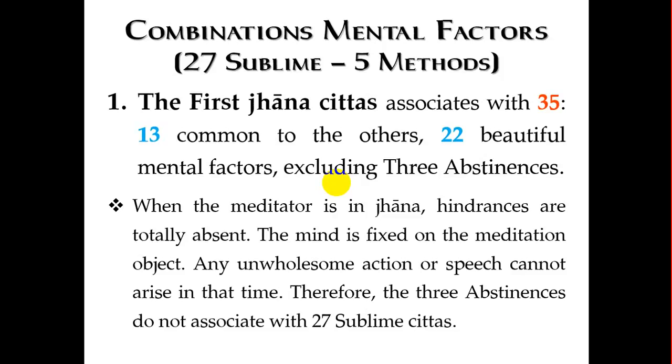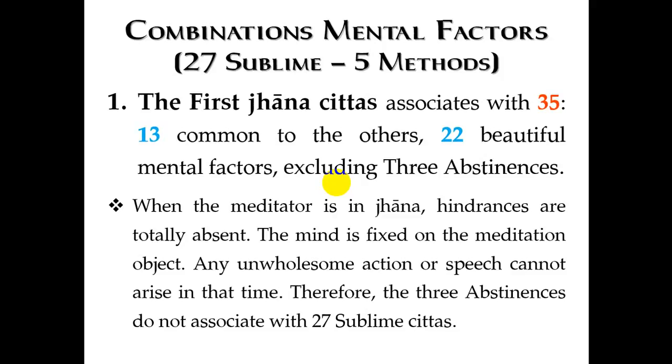Here, the first jhana chetas associate with 35: 30 common to the others, and 22 beautiful mental factors excluding 3 abstinences. A very easy one. But you have to take note of the reason why, right?